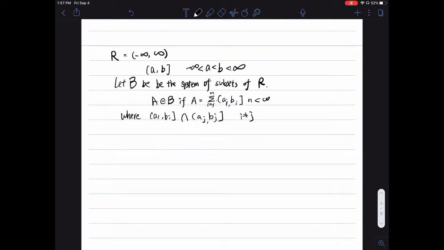In this new collection of sets, is this an algebra already? Well, it is not an algebra because it doesn't satisfy the three criteria.